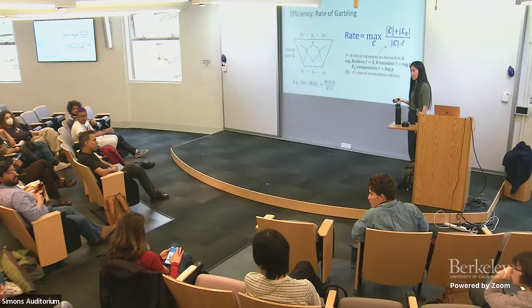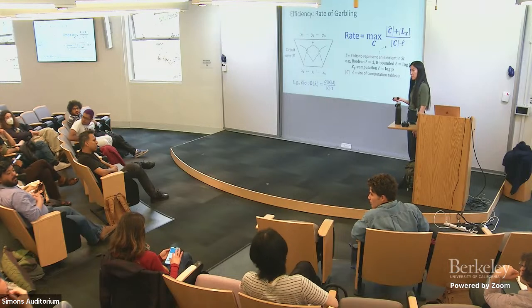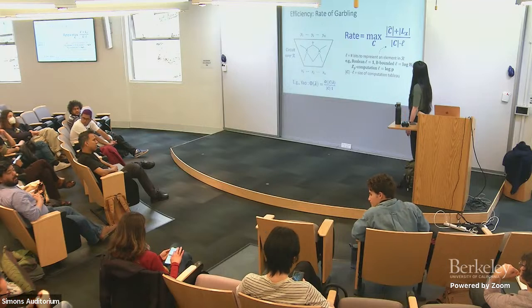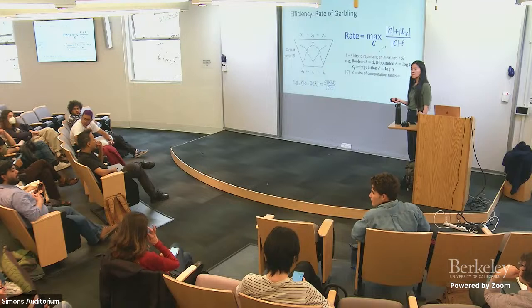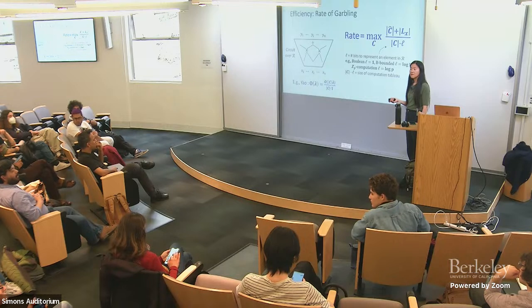I was just saying it seems you'd want to compare two things. One is I'm just going to send you the circuit and then the input, and you will compute it by yourself. The other is that I'm going to send you the garbled thing, and again you will compute by yourself. The rate would be the ratio between the lengths of these things.